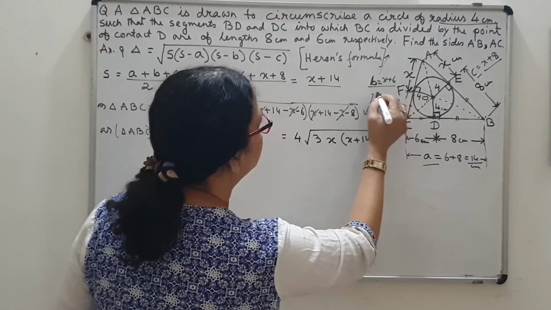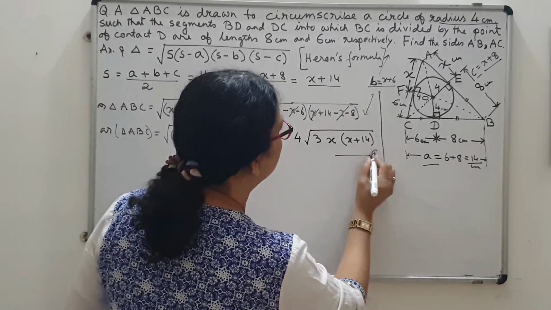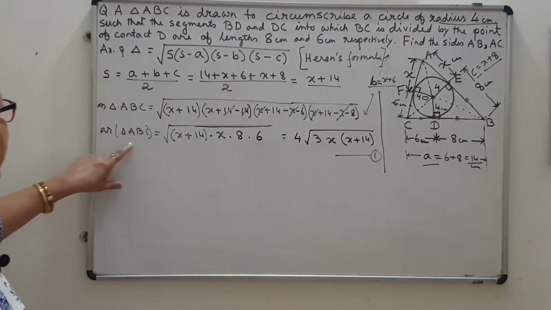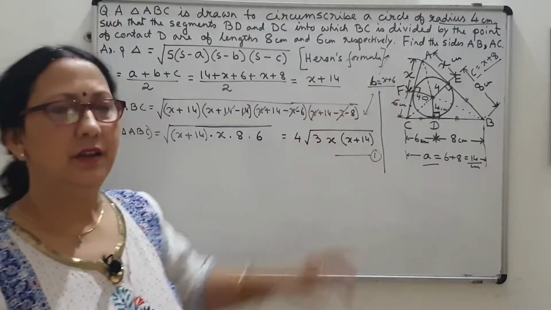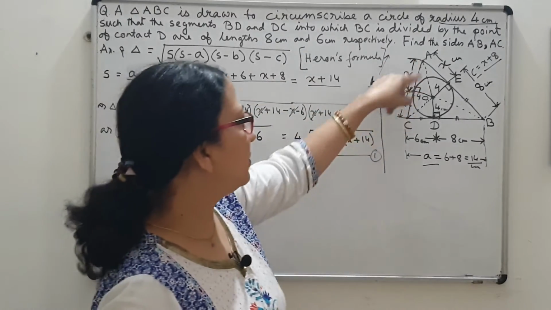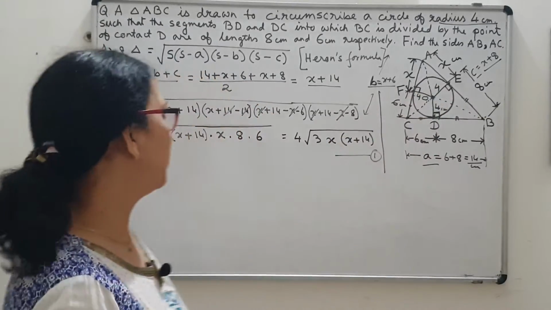This is your diagram. So this is equation 1, that is, the area of triangle ABC by Heron's formula. Now we will find the area of this triangle by superimposing the areas of these 3 small triangles.